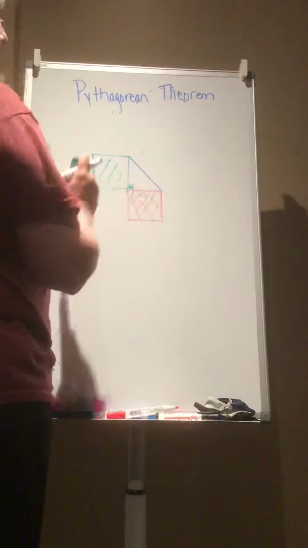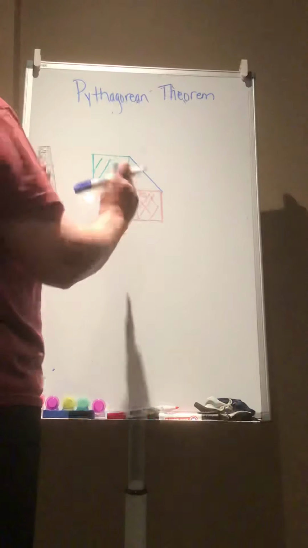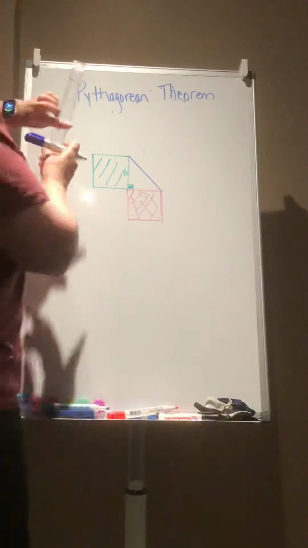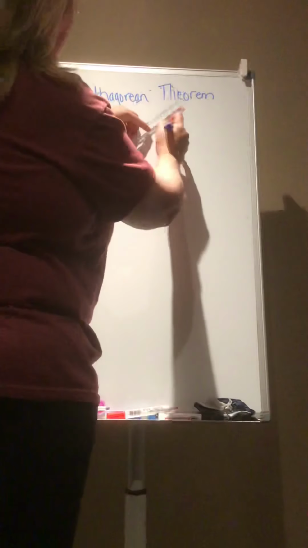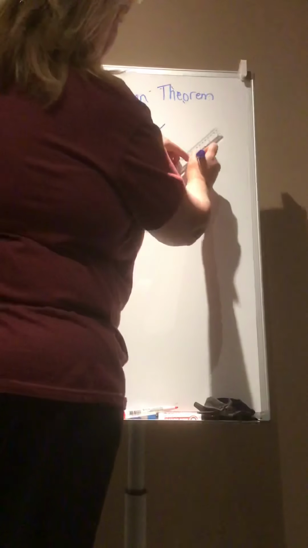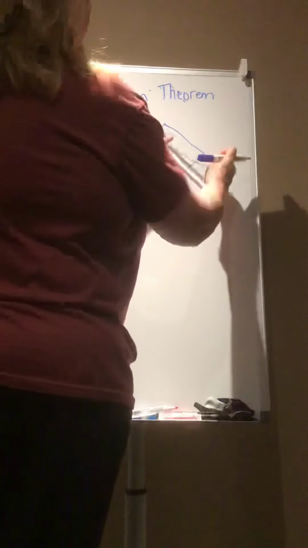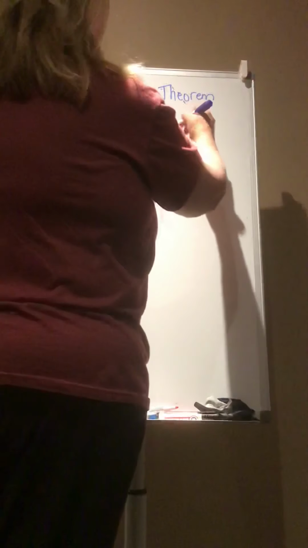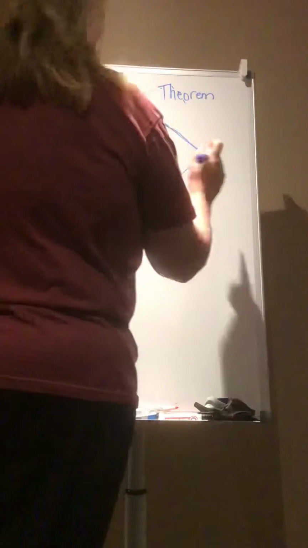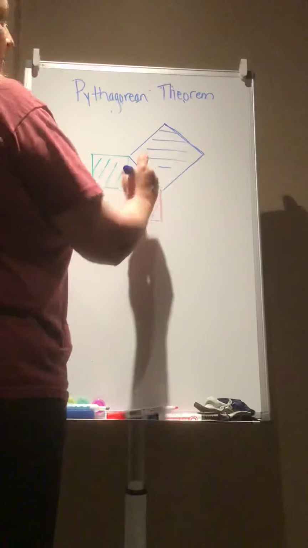This whole area is B squared, with just the side being B. And then this is C squared. That was lazy of me. So all of this is C squared.